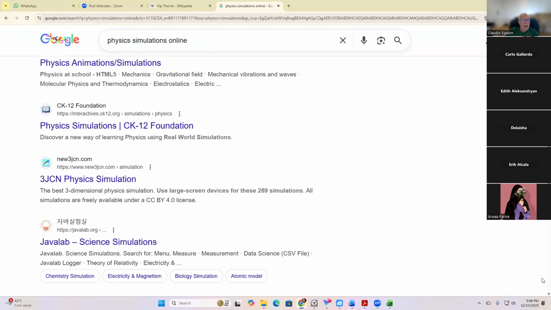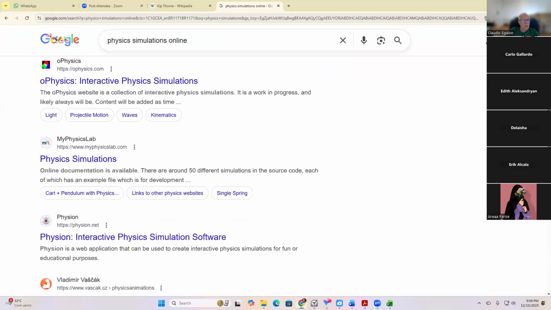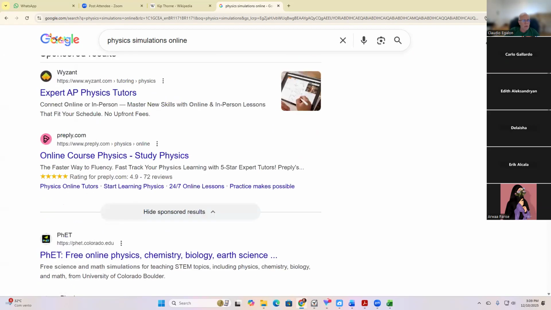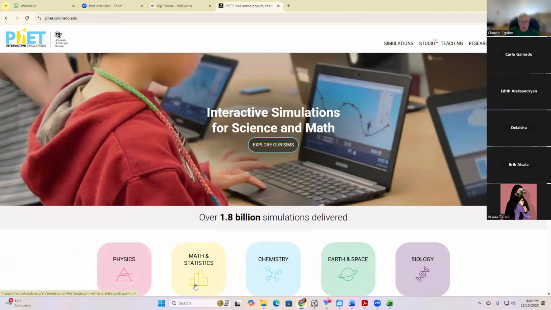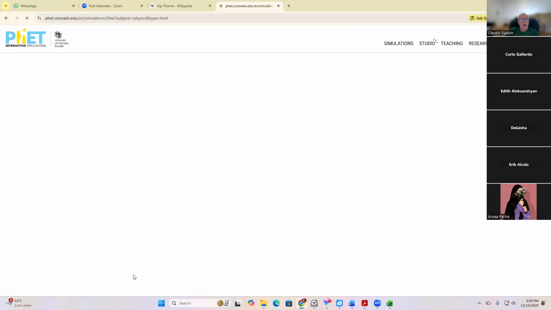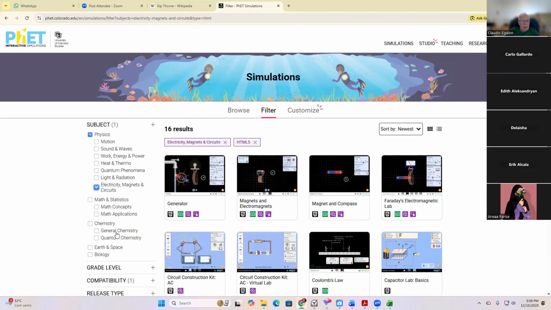My physics lab. Let's see if PhET has a simulation of electromagnetic waves. Physics, electricity, magnets, and light and radiation.